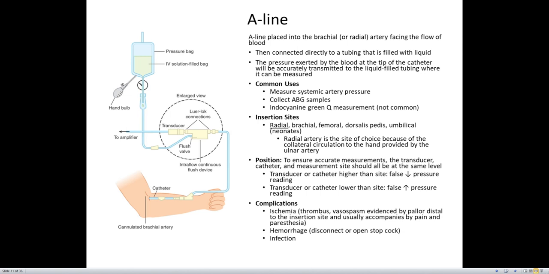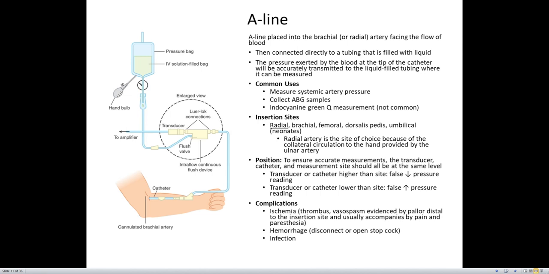So why do we use an A-line? We like to use it to measure systemic artery pressure, so blood pressure. If somebody is in ICU and they need repeated blood gases, ABGs, then we can draw ABGs from an A-line. And some places will actually use it to measure cardiac output, even though this is not super common.